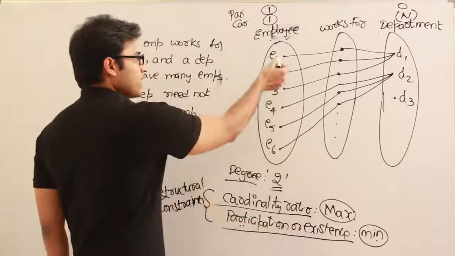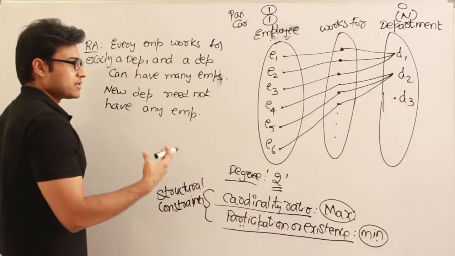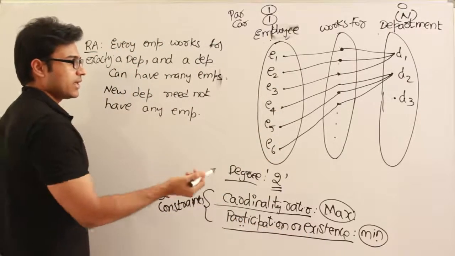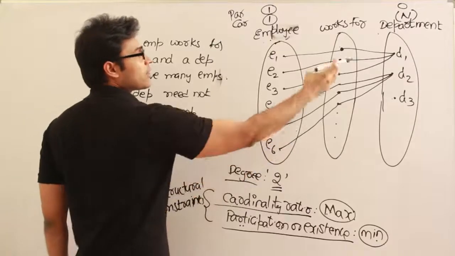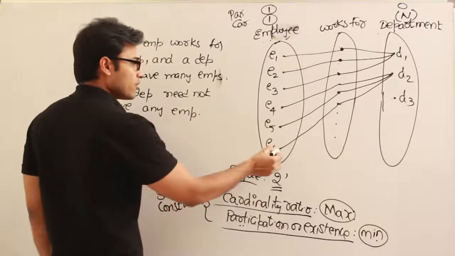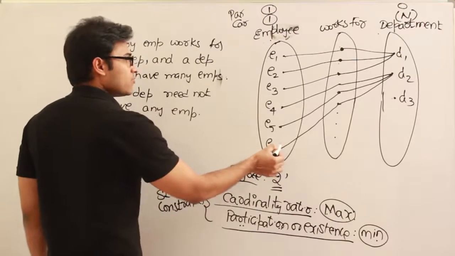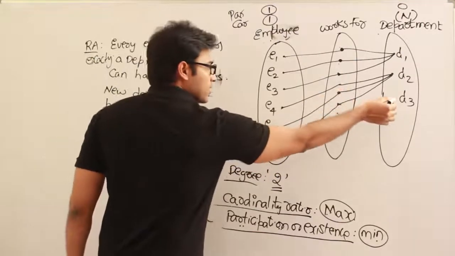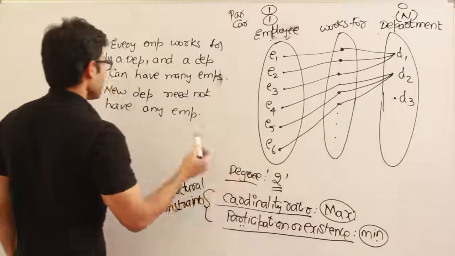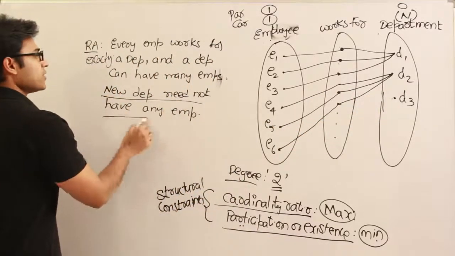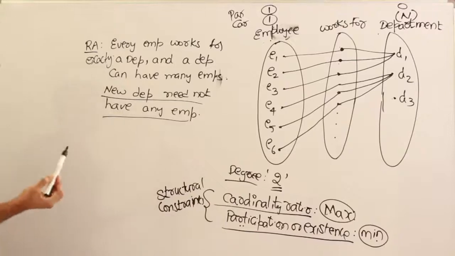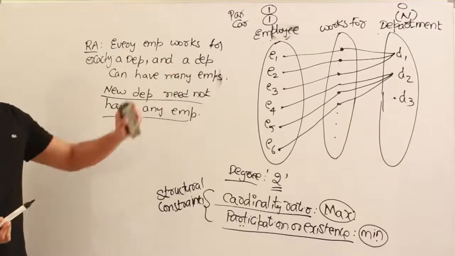He cannot exist if he doesn't work for a department. So from that we got the existence constraint to be 1 here. And here I got 0 because they said that a new department need not have any employees. So from the verbal description you are supposed to draw everything.